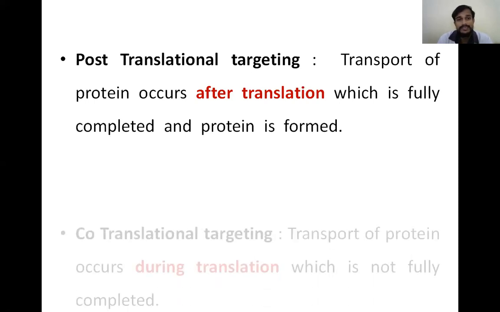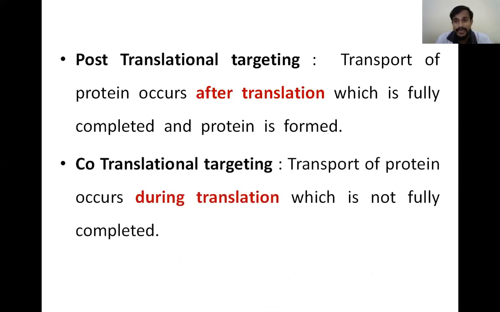In some cases, that is co-translational targeting, the transport of protein occurs during translation only, in which the translation is not fully completed and the protein is not fully formed. So during the process of translation only, the translocation occurs. That is the difference.